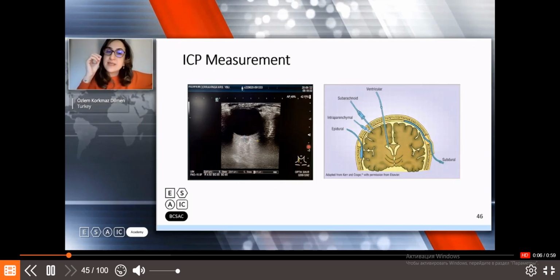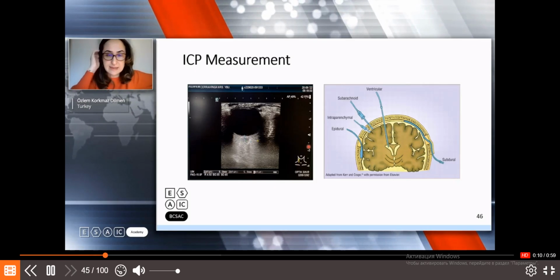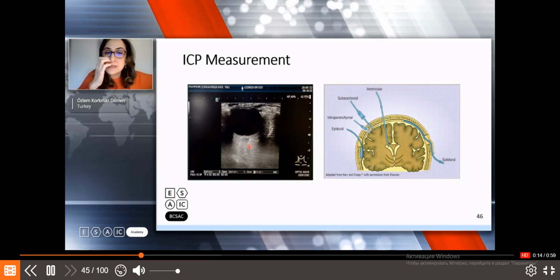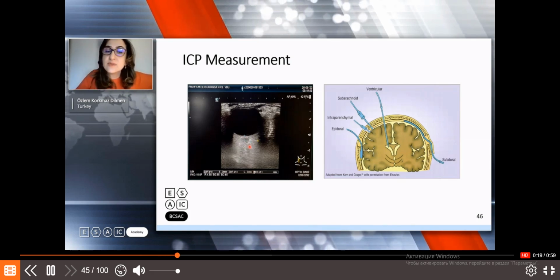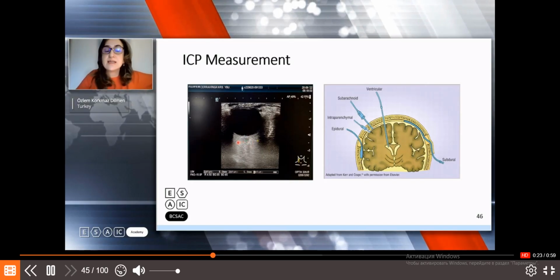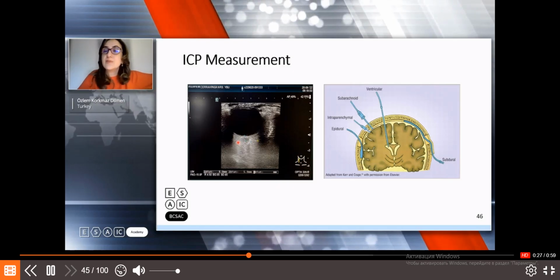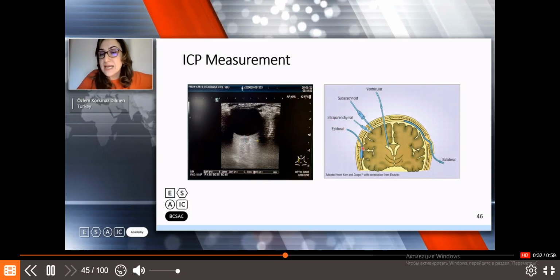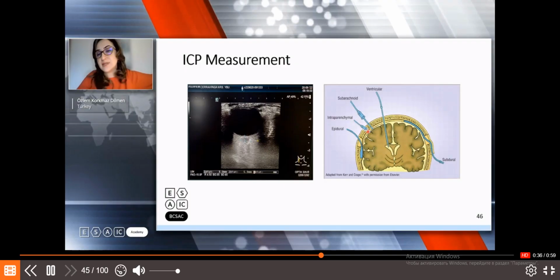Okay, how can we measure intracranial pressure? There are some non-invasive and invasive techniques. Optic nerve sheath diameter measurement is a non-invasive technique, and if optic nerve sheath diameter is more than 6 mm, it shows us a rise in intracranial pressure. But in our clinical practice, we generally use electrodes to measure invasive intracranial pressure.